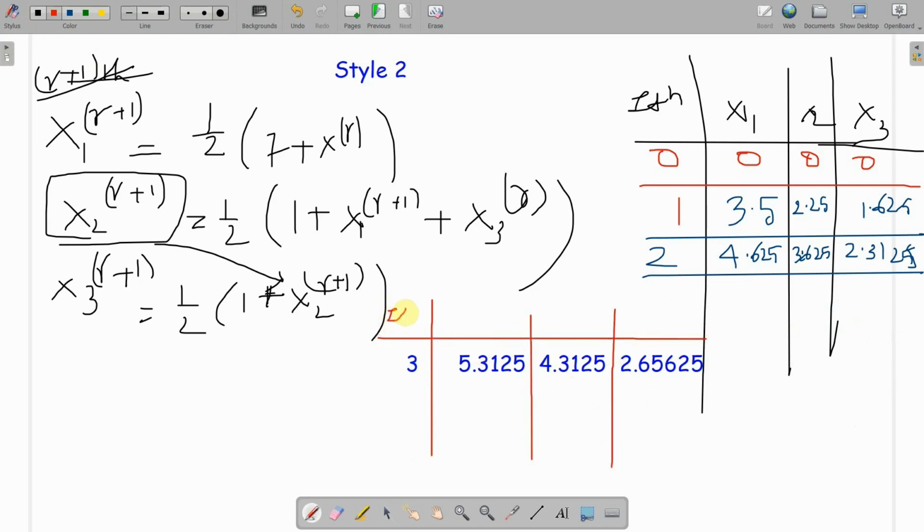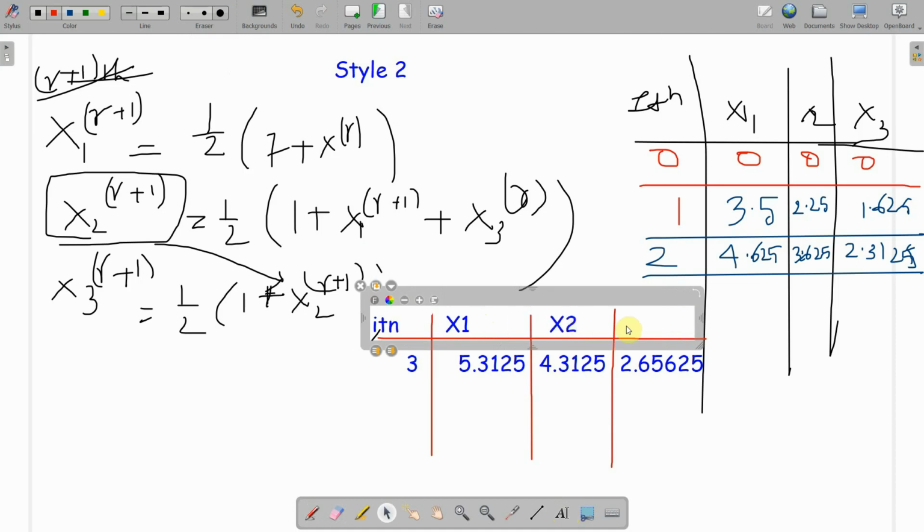So this is the iteration, this is x1, x2, x3.